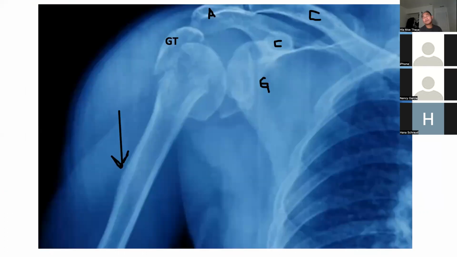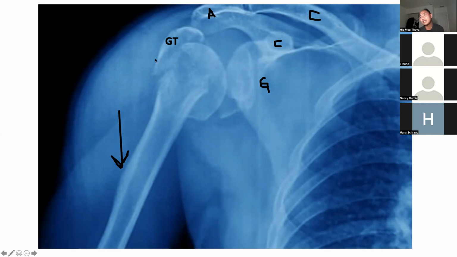Now, if somebody has a broken proximal humerus, I believe we all remember our skeletal anatomy. This is our clavicle, the collarbone, and this is the acromion, where we find the acromioclavicular joint. This is the anterior pointing coracoid process, this is the glenoid, and this is the humerus.